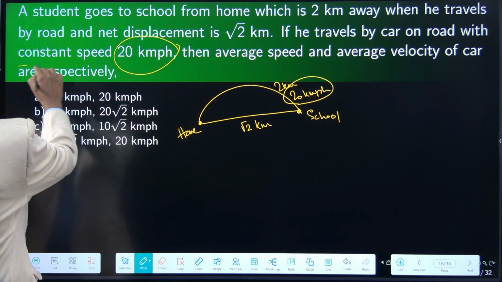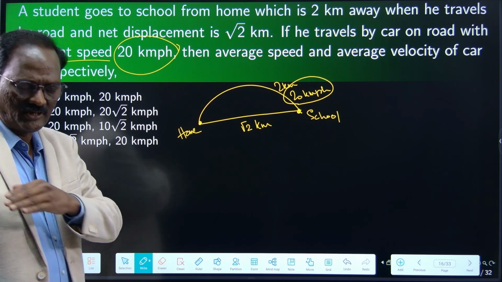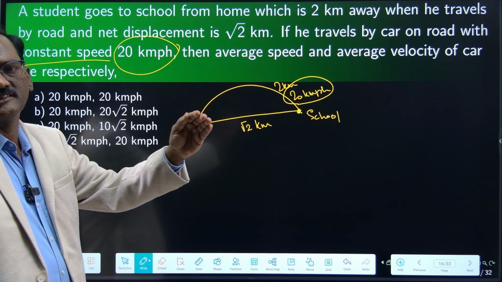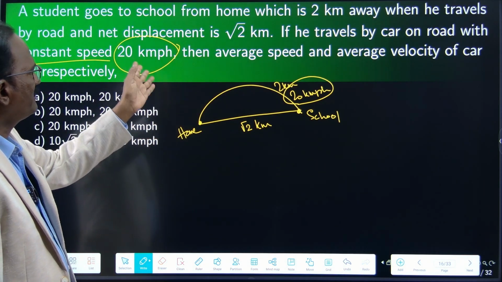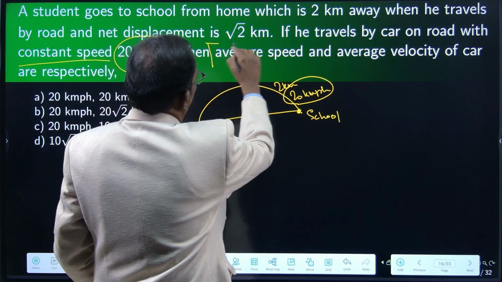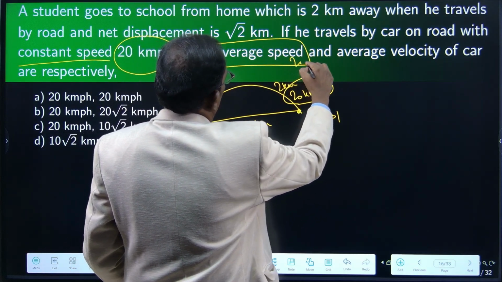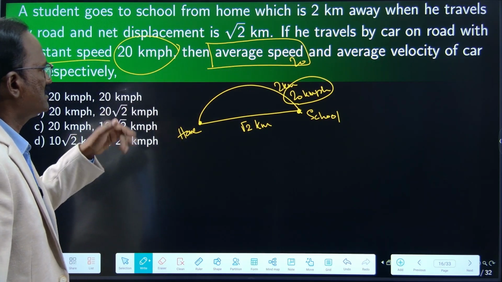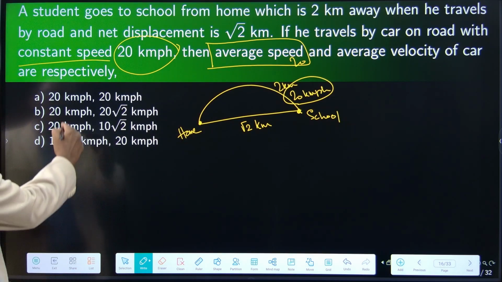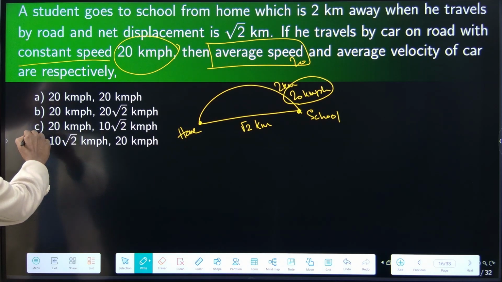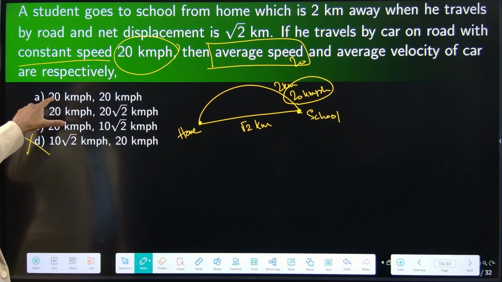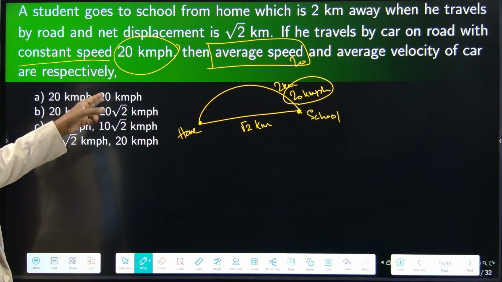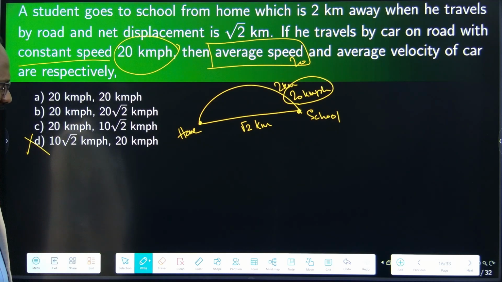Because it is constant speed, it is not going to change. So average speed is always 20 kilometer per hour. Average velocity we must calculate. Option D will not be the right answer, since 20 kilometer per hour is the average speed.